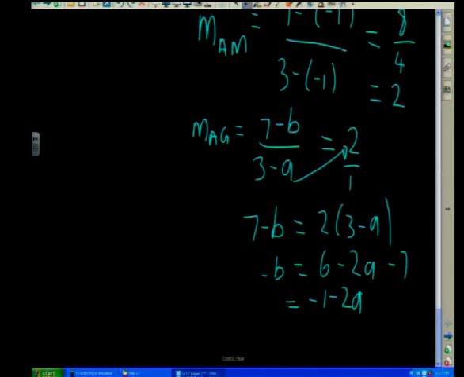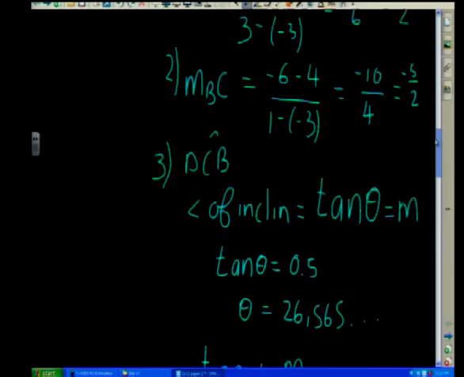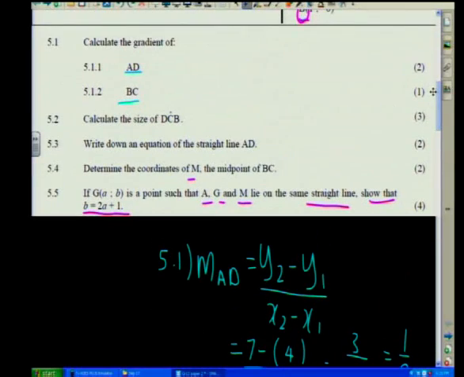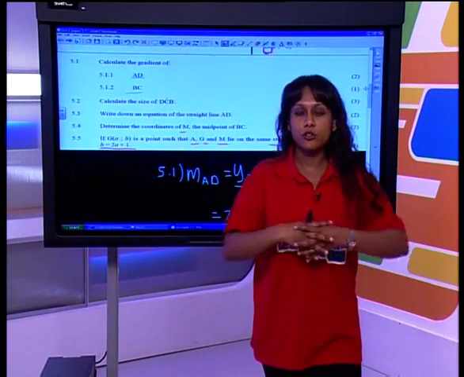Dividing both sides by -1, I'll get that B is equal to 2A plus 1. If we go back to the question, we see that they actually asked us to show that B was equal to 2A plus 1. So we wrote B in terms of A.